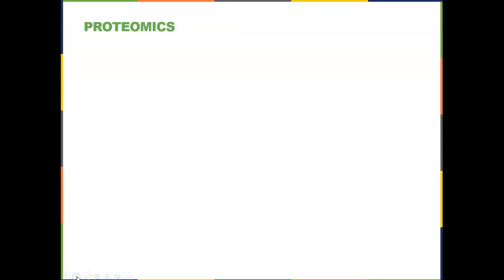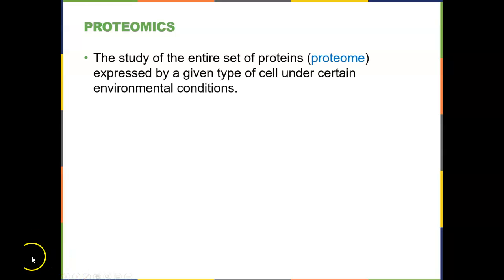So genomics is looking at the gene sequences in an individual, but proteomics is the study of the proteome, which is the set of proteins that a particular individual might make under certain environmental conditions. So this relies on us being able to analyze proteins that are produced in certain situations.